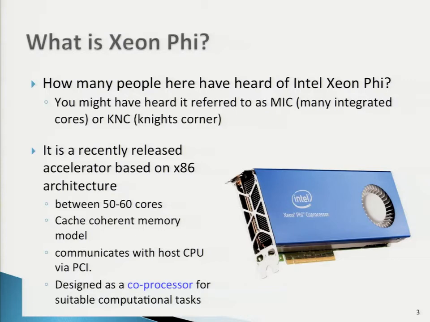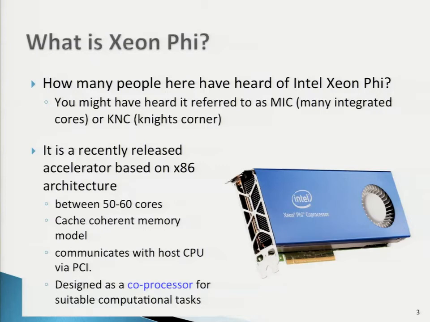We've had some test devices here for a while that have had 61 cores. It has a fully coherent cache memory model. That means each of these cores has its own cache, and it maintains coherency between the caches, and it communicates with a host CPU via PCI Express.